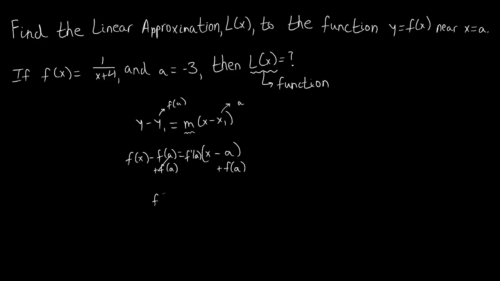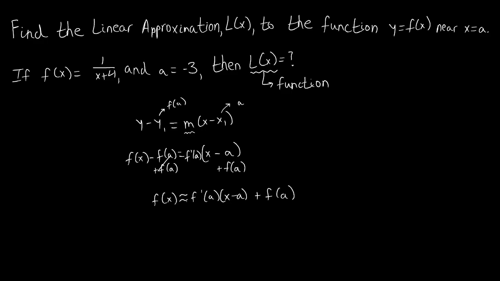So we get f of x, this function, equals f prime of a times x minus a plus f of a. Okay? And like we said, since we're approximating this f of x, this original function, we're approximating the values, is going to become approximately.